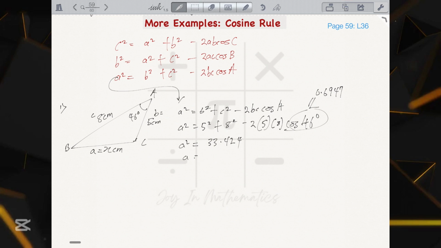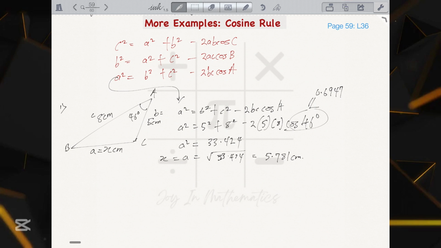So a is equal to the square root of 33.424, which gives us 5.781 centimeters. So yes, we have refreshed our memory to get the value of a, which is also equal to x.